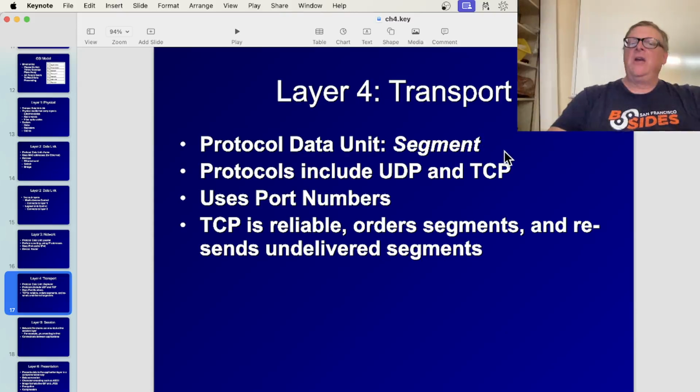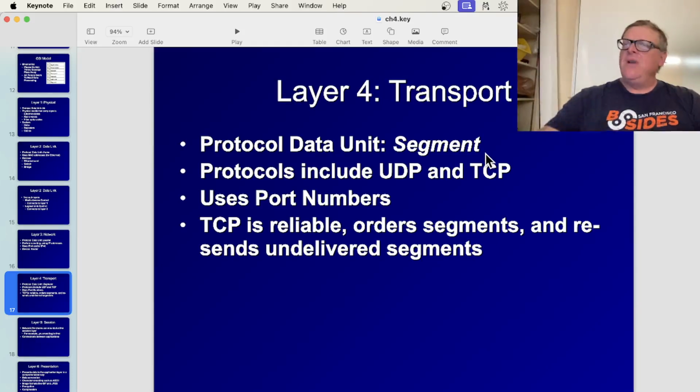And the transport layer breaks things up into segments using the UDP and TCP protocols. Usually there are other protocols, but these are the most common ones. It uses port numbers, which are 65,536 UDP ports and another 65,536 TCP ports. TCP is reliable. It has a handshake. You call them segments at this layer, like IP packets and frames at the other layers.